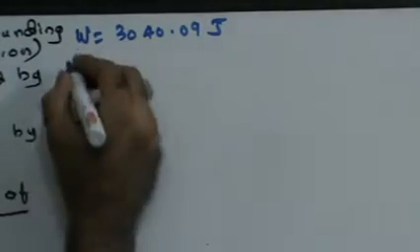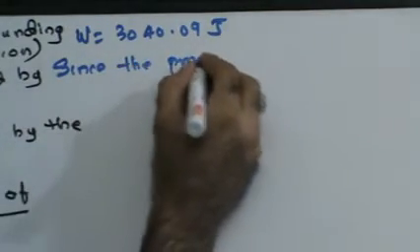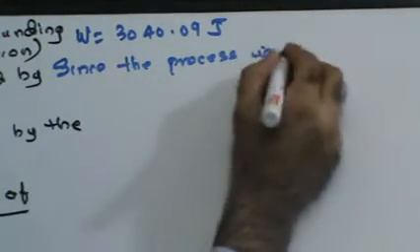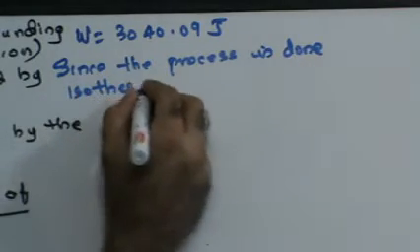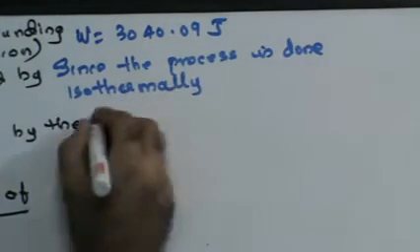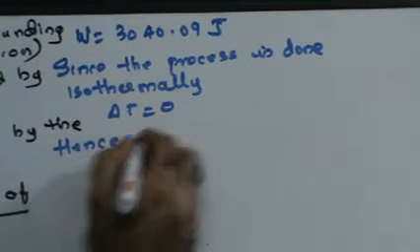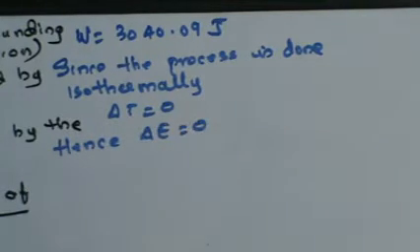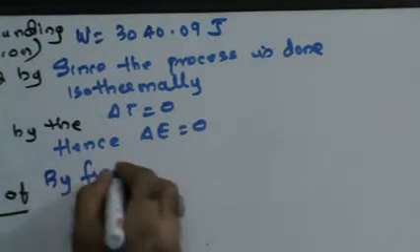Now since the process is done isothermally, delta T is going to be equal to 0. Hence delta E will be 0. If delta T is 0, that means delta E will be equal to 0. Once you have this, I can apply the first law of thermodynamics.